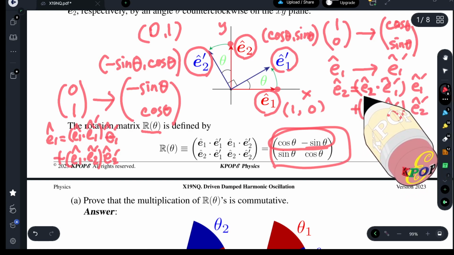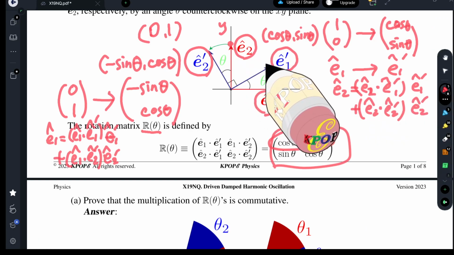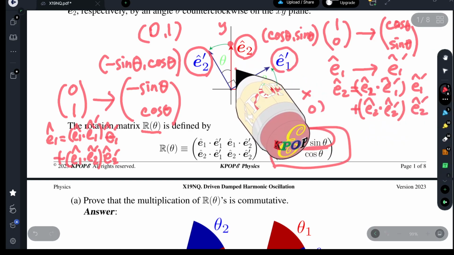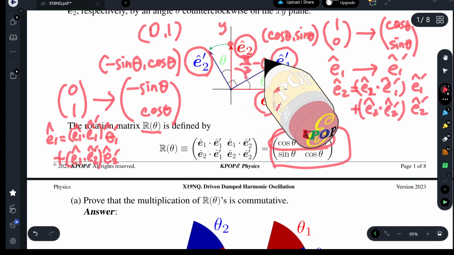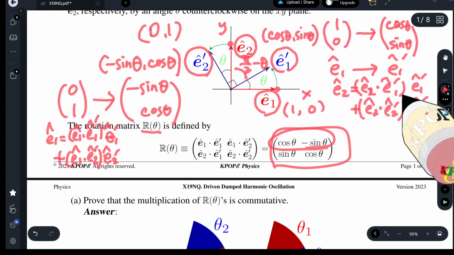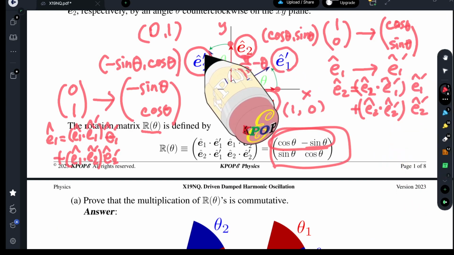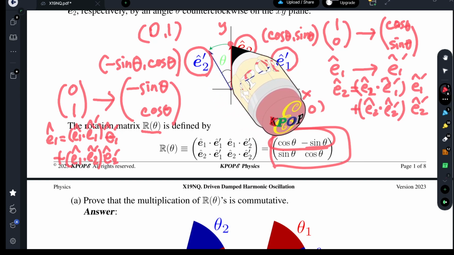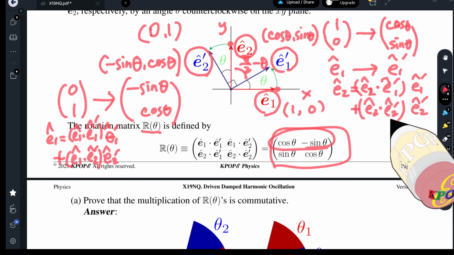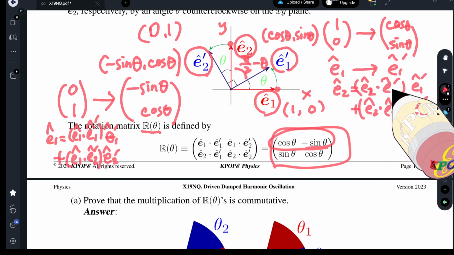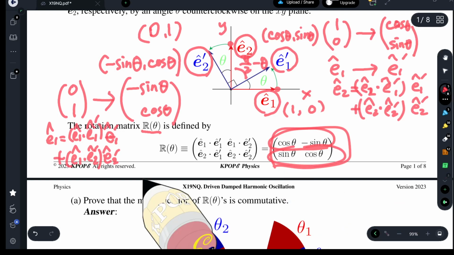The scalar product between E2 and E1 prime, because the angle is one half of pi minus theta, should be sine theta. And then E2 dot E2 prime, because this angle is theta, the value is cosine. As a result, we can reproduce the second row of this rotation matrix.